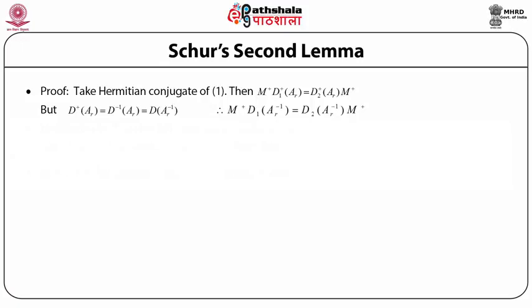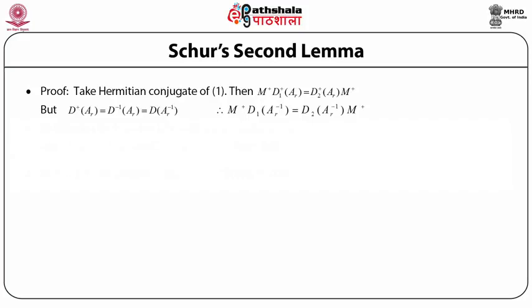Let us start with two matrices D1 and D2 and a matrix M such that D1 AR M is equal to M D2 AR for all elements AR belonging to G. Taking the Hermitian conjugate of this, we get M dagger D1 dagger AR is equal to D2 dagger AR into M dagger.